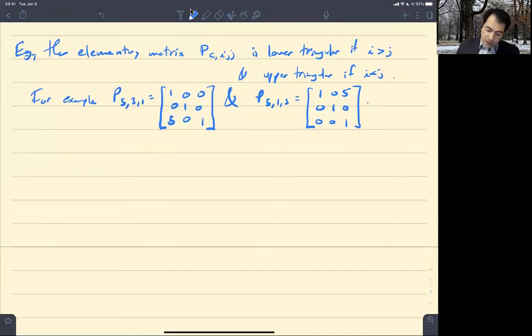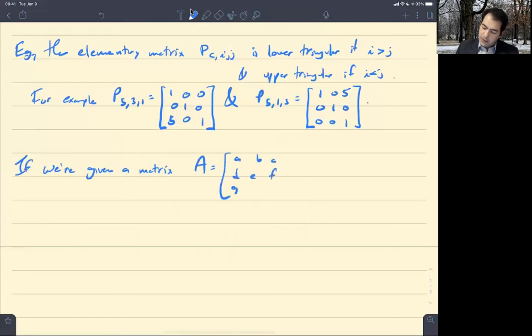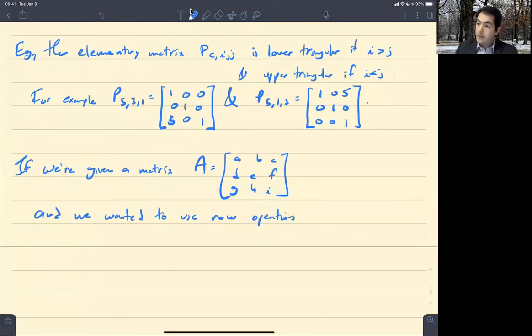Okay, so now say we're given a matrix. Let's say 3 by 3, and let's denote its entries like this. And we wanted to use row operations to make it upper triangular.